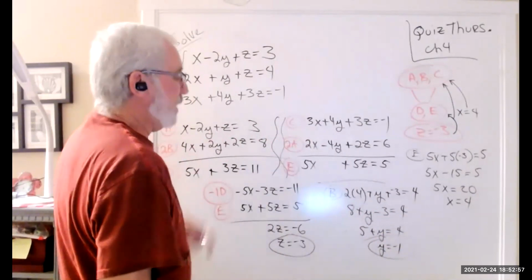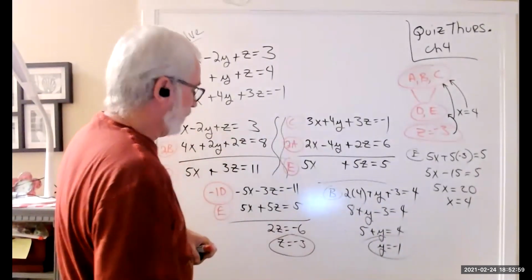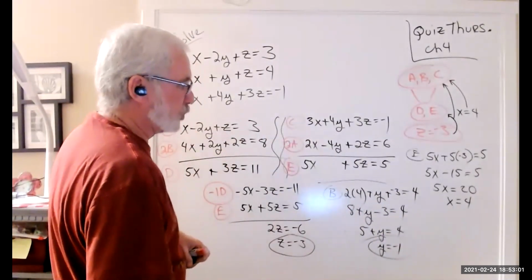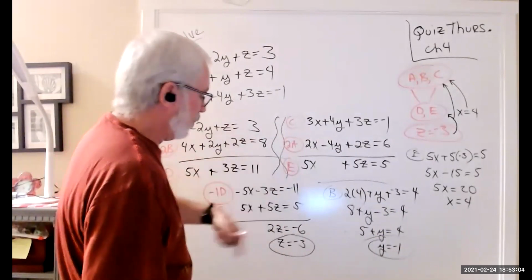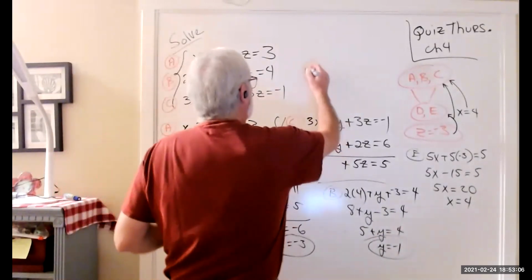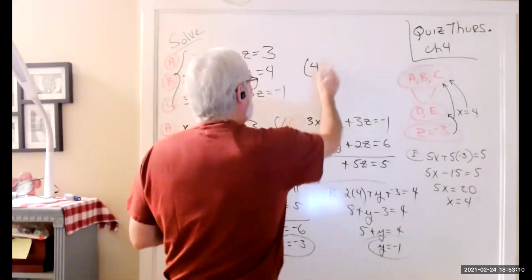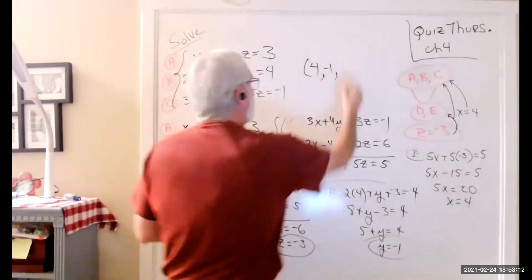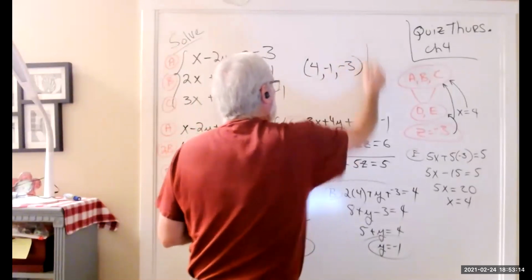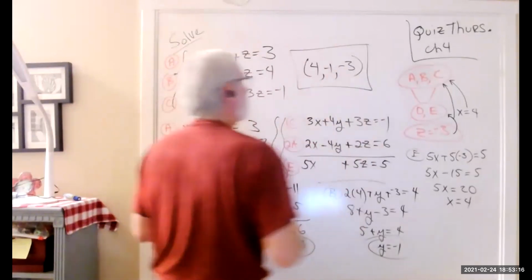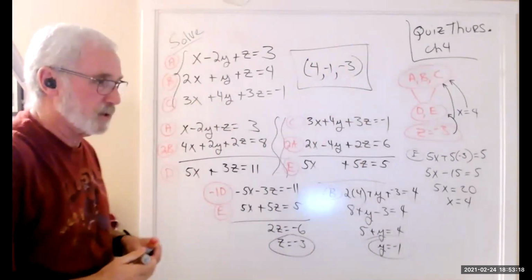Okay. And then one of the things I said, we always put them as an ordered triple where x comes first, y comes second. So your actual answer is parentheses 4, comma, -1, comma, -3. That would be your answer for this problem.